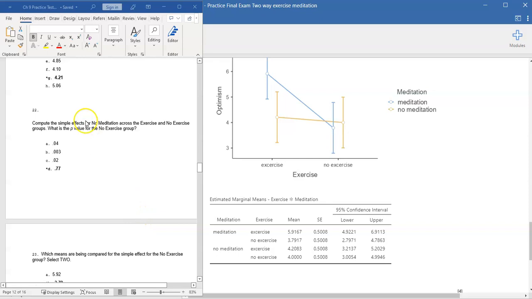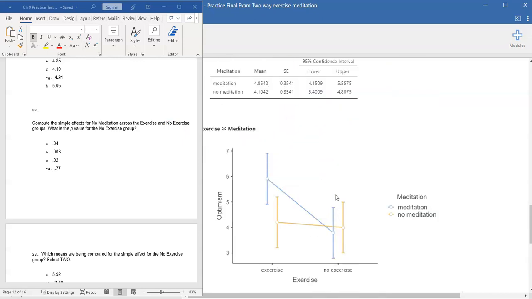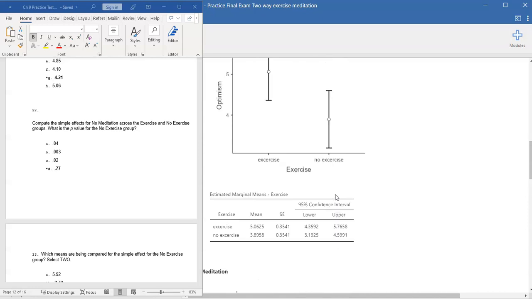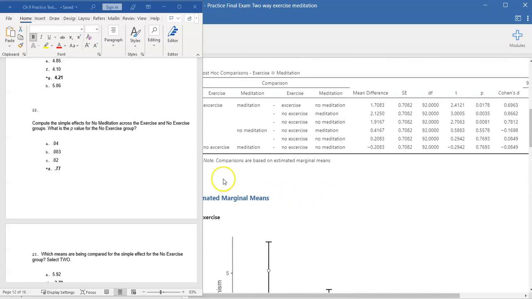For 21, we want to compute the simple effects for no meditation across the exercise and no exercise groups. So again, we want to come up here. So we want no meditation, and we want across the exercise, no exercise groups.